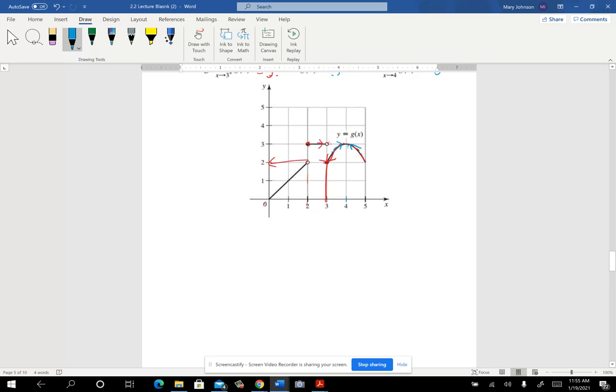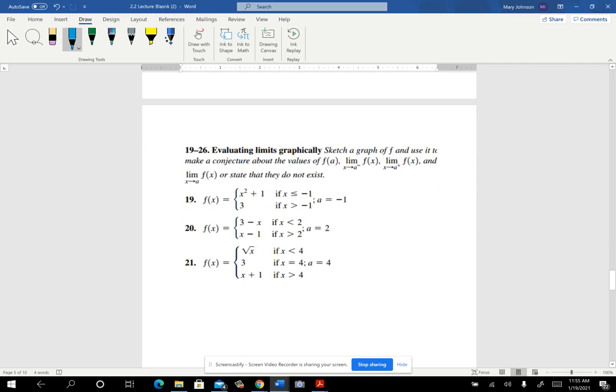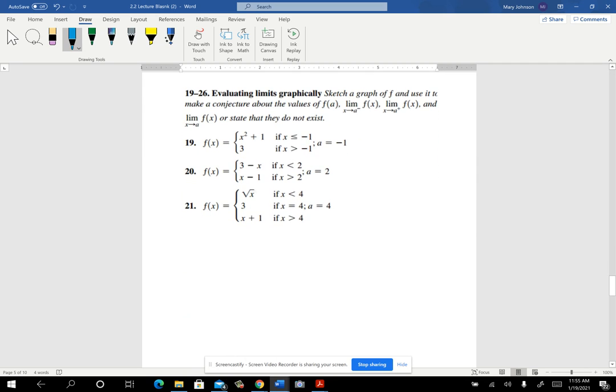All right, now I want to look at number 19 and number 21 and just make a comment about this. You'll get a little more practice on graphing these. These are piecewise functions that you're trying to sketch the graph of because it'll help you to make conjectures about what the limits would be.